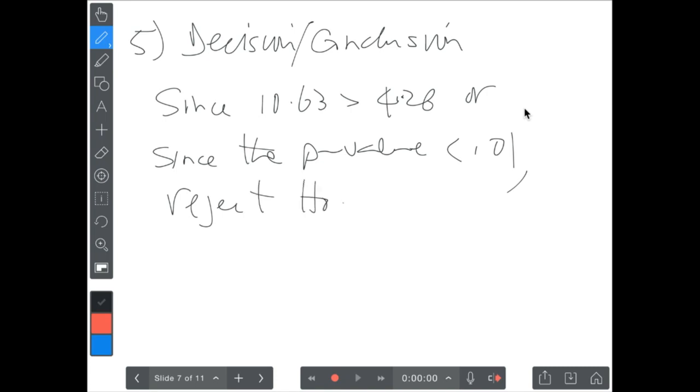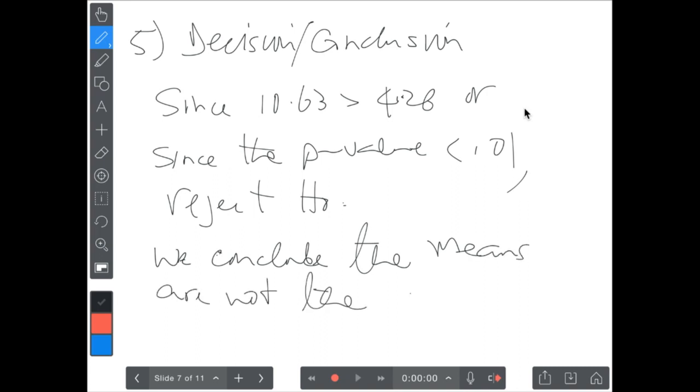What do we conclude? At least one of the means differ. We conclude that the means are not the same.